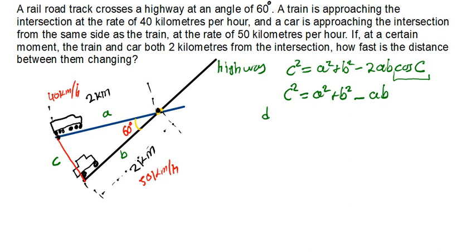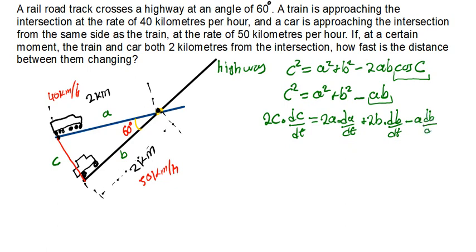If you differentiate both sides of this equation, it's implicit differentiation. You're going to have 2c dc/dt, as c is changing with respect to time, then 2a dA/dt, plus 2b dB/dt, minus, we have the product rule here, a dB/dt minus b dA/dt.